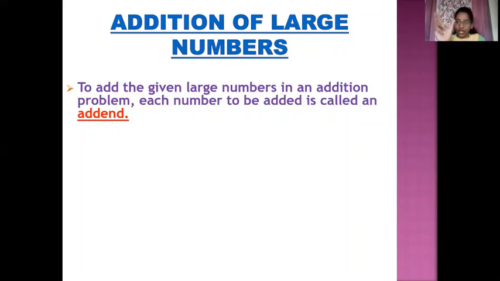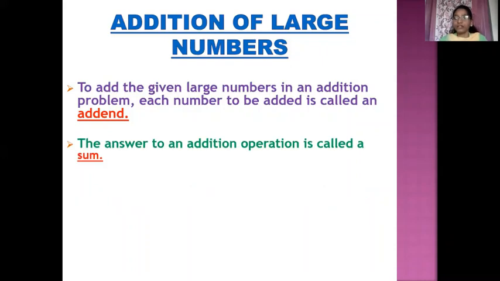And the answer to an addition problem is called a sum. So we have two terms here: one is addend and the second one is sum. The numbers which we need to add are called addends, and the answer to an addition operation is called a sum.